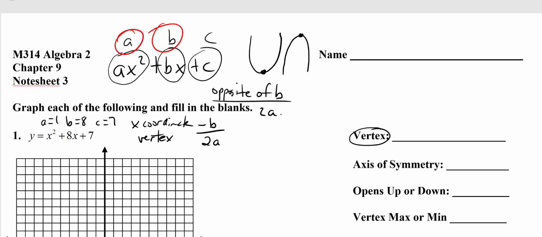Okay? So in other words, b is 8, so we're going to say that is negative 8 over 2 times 1. That gives us negative 8 over 2 is negative 4. That's the x coordinate of the vertex. So I know it's going to be something like negative 4 comma something.